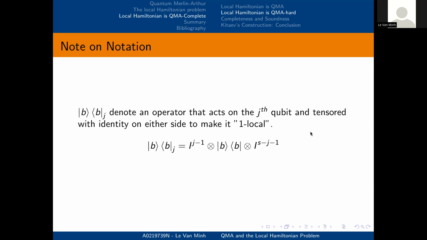We also have some notation: note that ket v, bra v, j denotes an operator that acts only on the j-th qubit and is tensored with identity on either side to make it local. We also note that this is a projection operator.